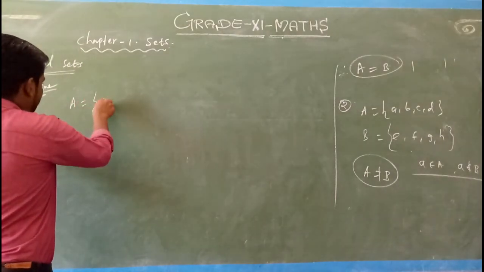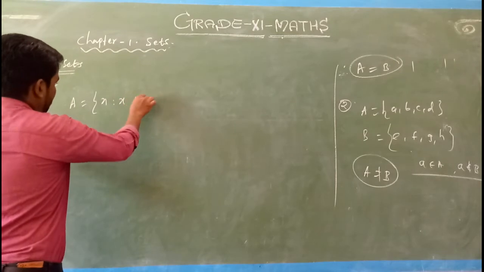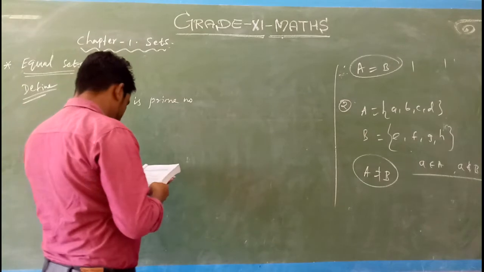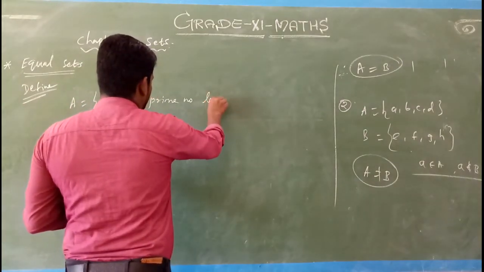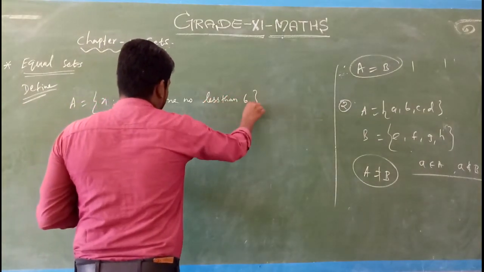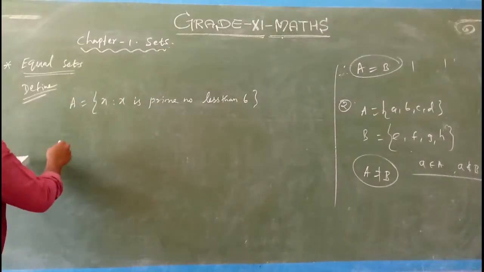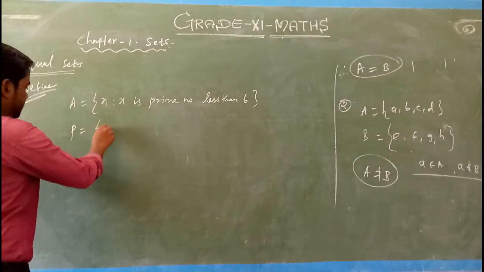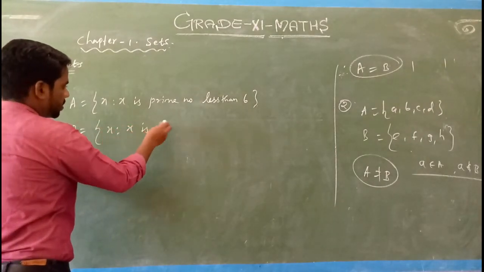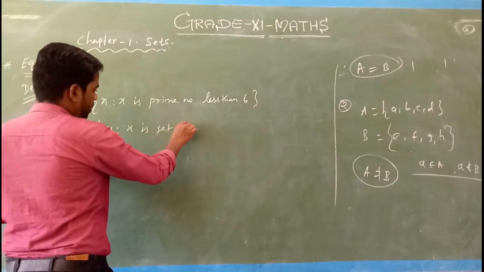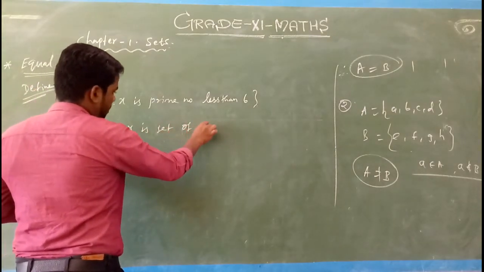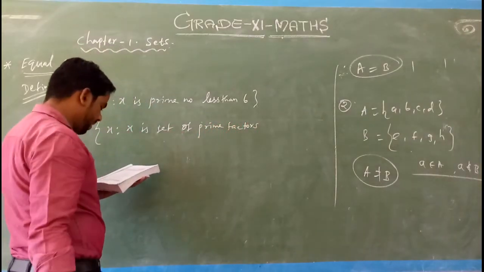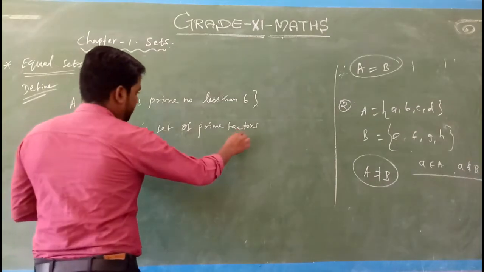A is {x such that x is a prime number less than 6}, and P is the set of prime factors of 30.